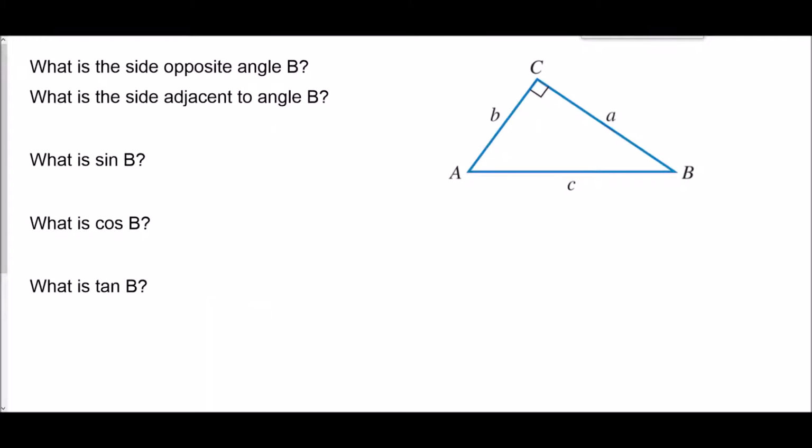Now, in the next slide, I want to do the same thing, but for angle B, because depending on which angle you're talking about, the opposite and adjacent are going to change. So what side is opposite angle B?